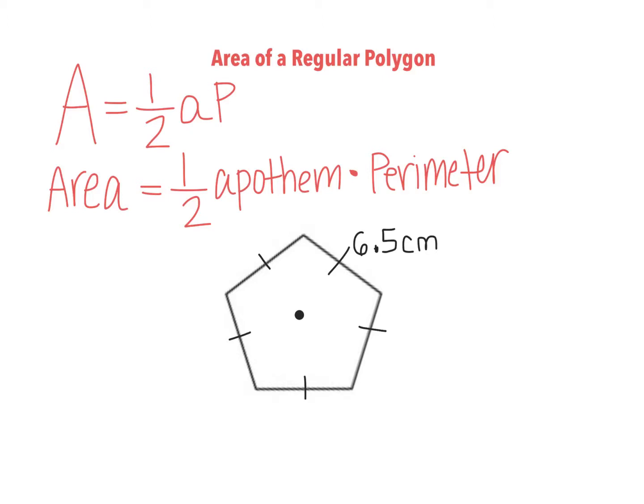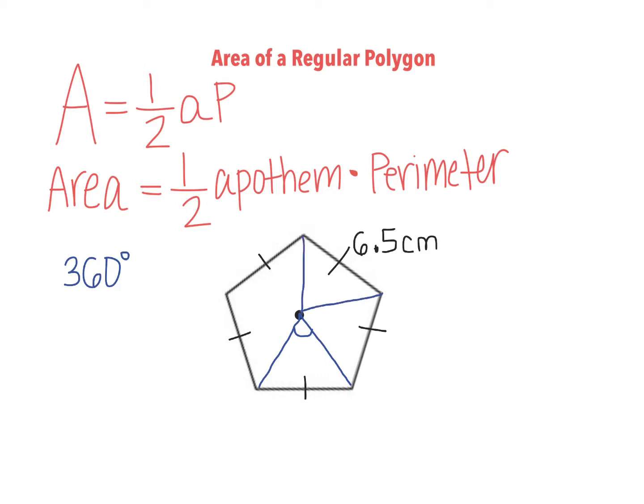So what you would do is imagine that this pentagon was inside of a circle. And I know that a circle has 360 degrees. So what I want to do is imagine that I'm figuring out this angle right here from my pentagon.